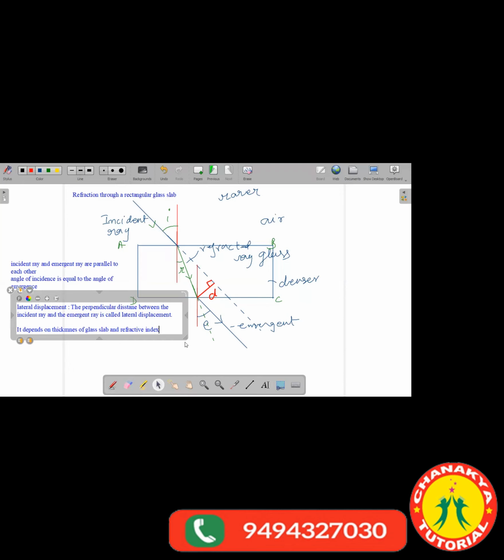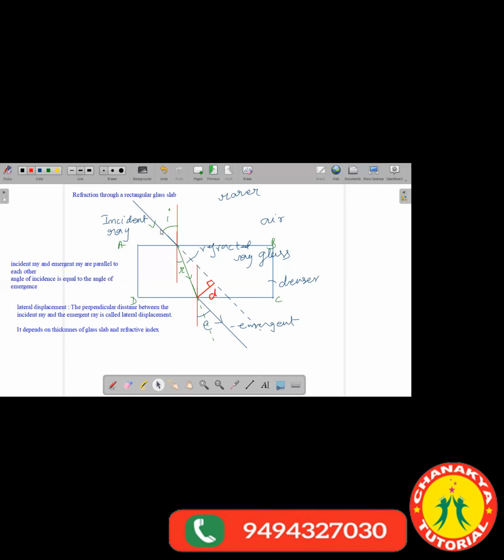So first thing, while drawing this ray diagram, you should keep in mind that when the ray of light passes from a rarer medium to a denser medium, we observe the first refraction occurring at the surface AB, when the incident ray enters from air to glass.